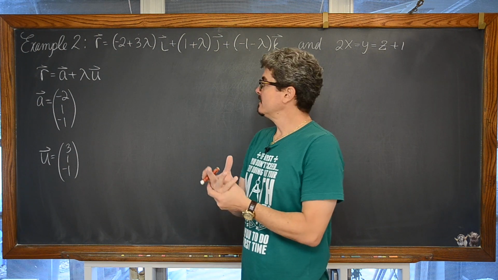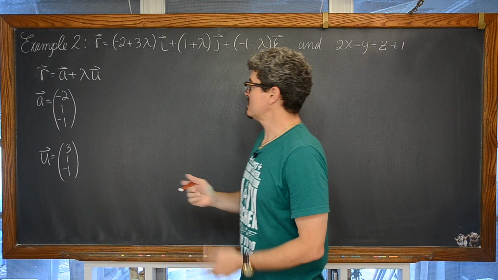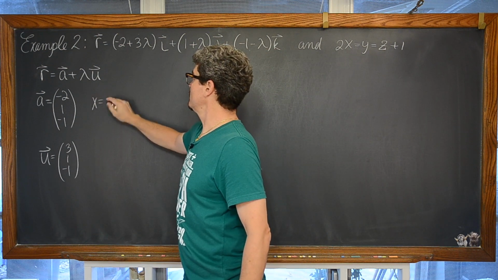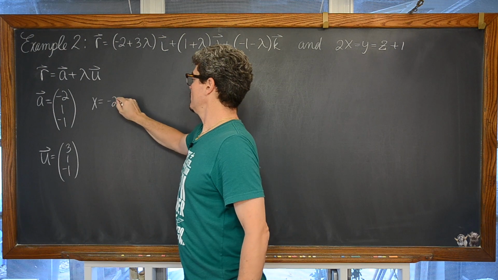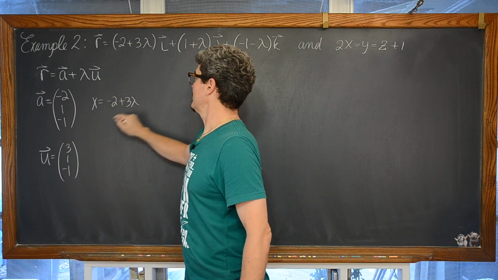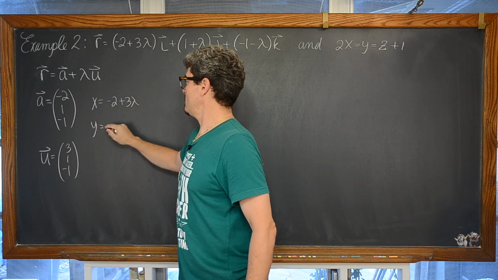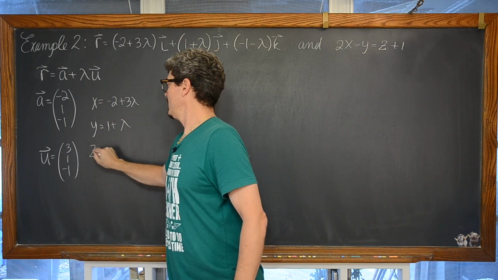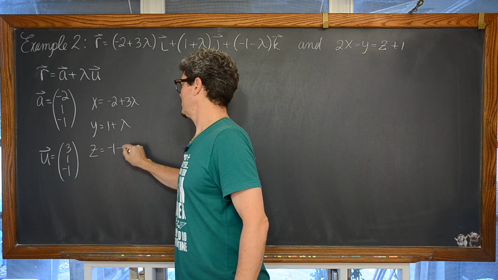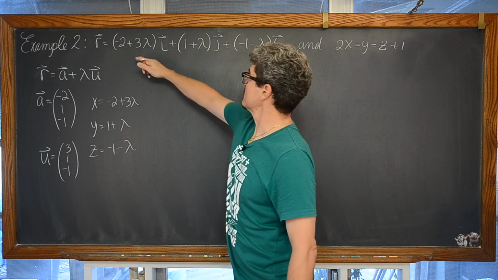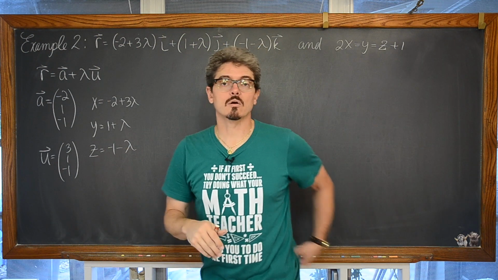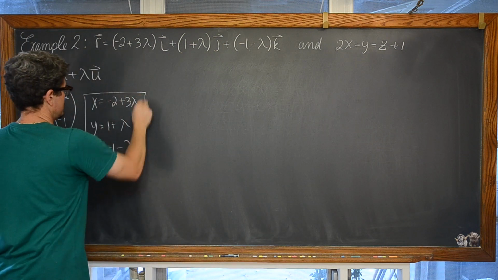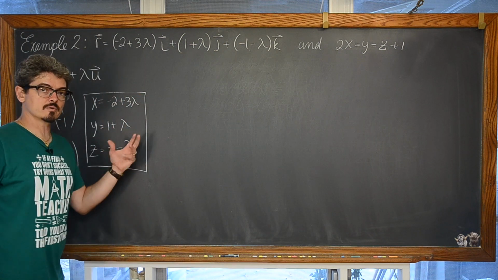That being said, we can look at this and see that in parametric form, x is going to be equal to negative 2 plus 3 lambda. Y is equal to 1 plus lambda. And z is equal to negative 1 minus lambda. You can also just basically see that right here in our equation. So the first equation basically really is set up for us to work through the parametric forms.